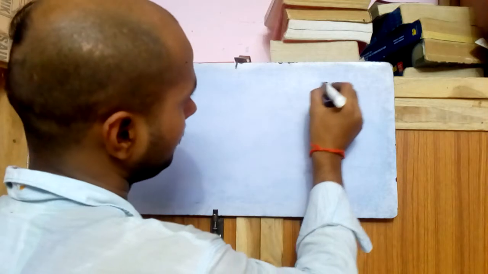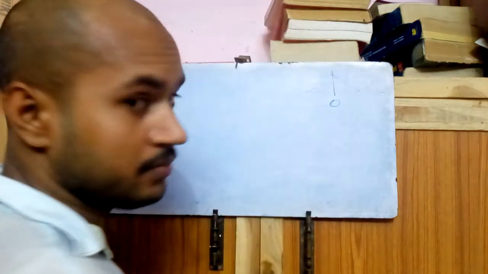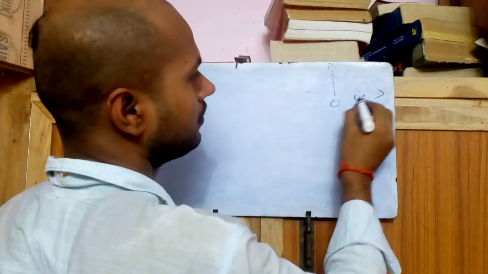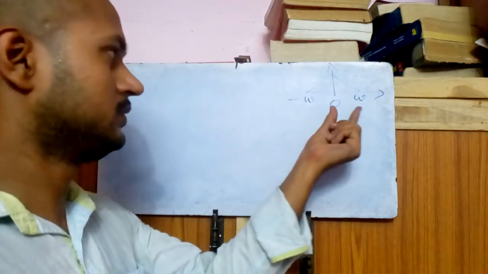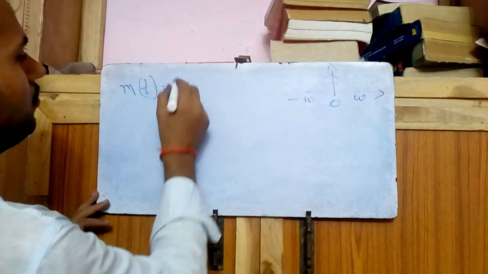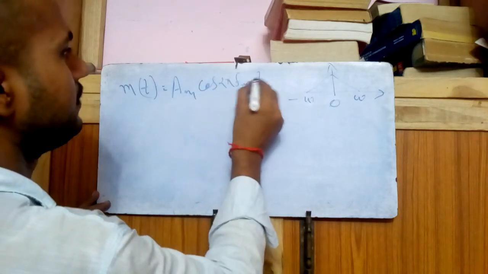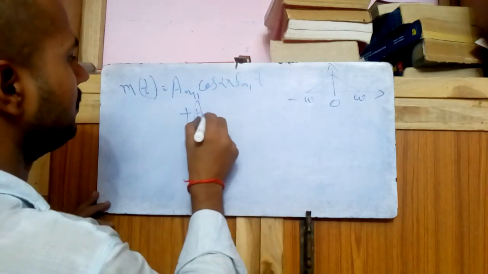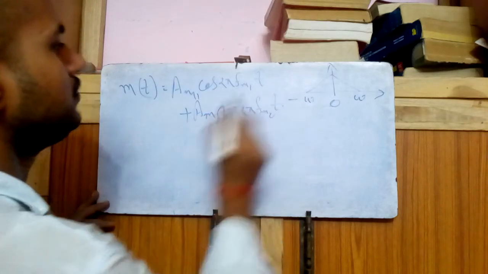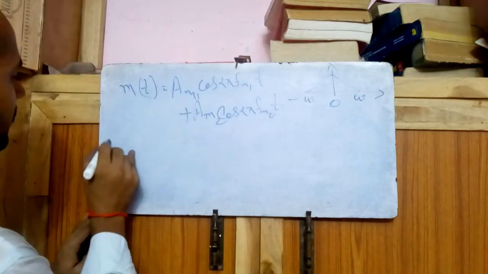What is multitone? The message has a range of frequency, more than one frequency: Am1 cos 2 pi fm1 t plus Am2 cos 2 pi fm2 t.